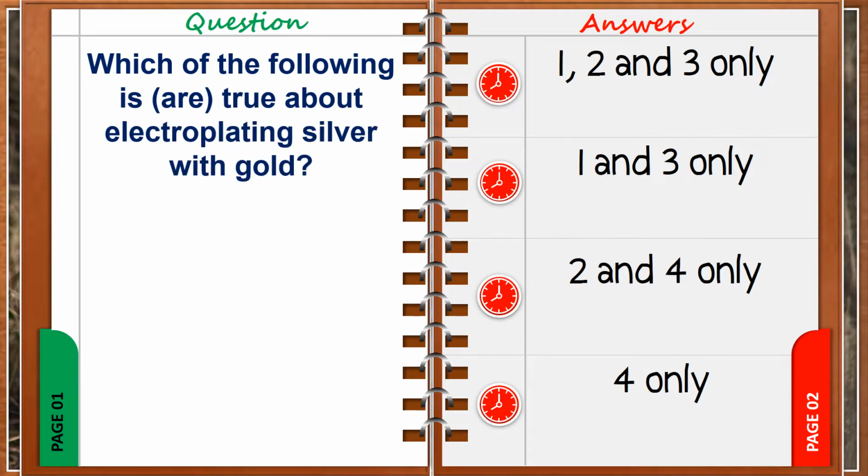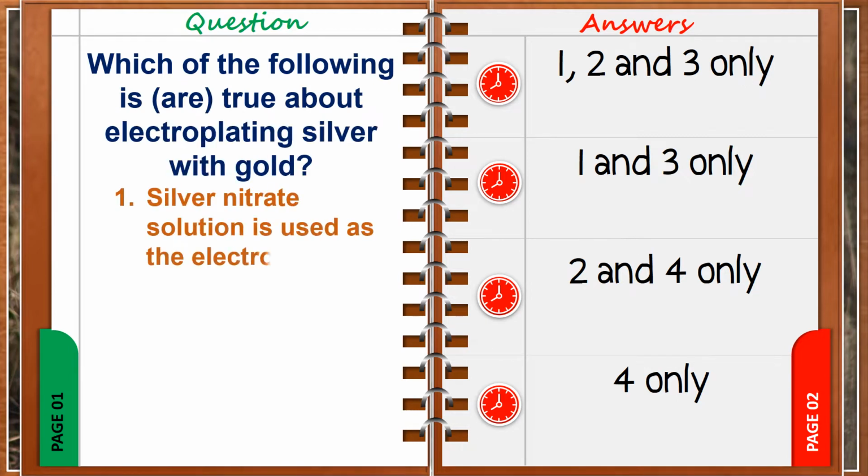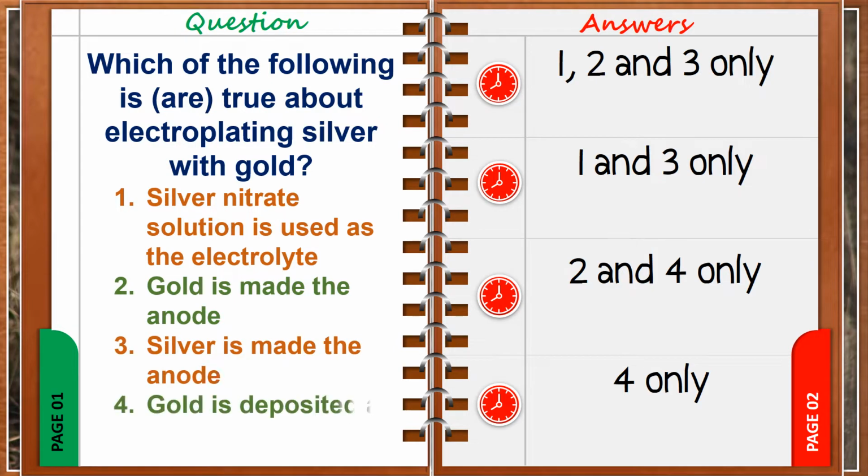Which of the following is true about electroplating silver with gold? 1. Silver nitrate solution is used as the electrolyte. 2. Gold is made the anode. 3. Silver is made the anode. 4.